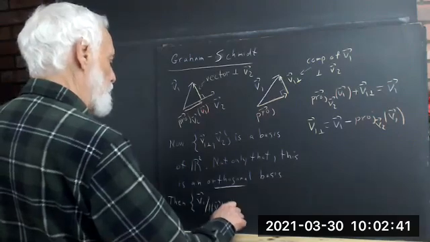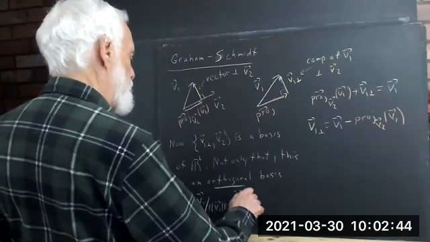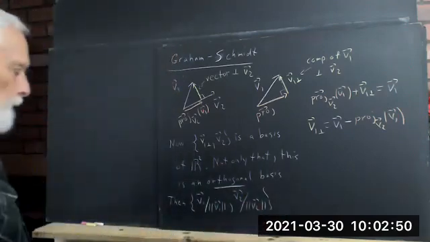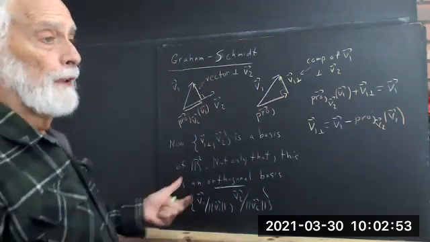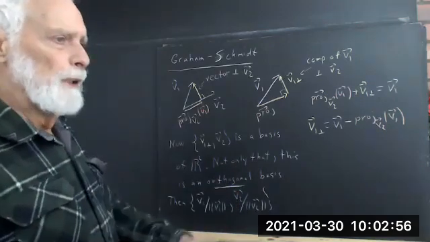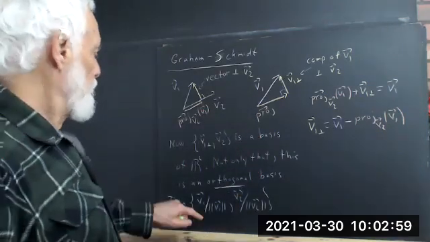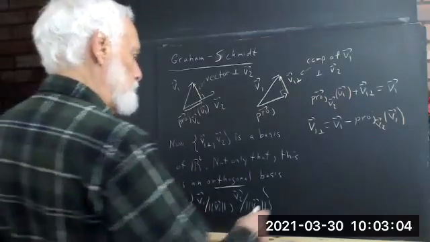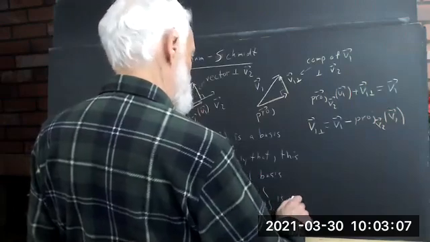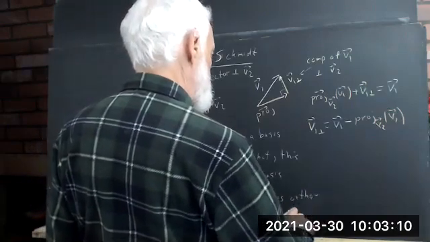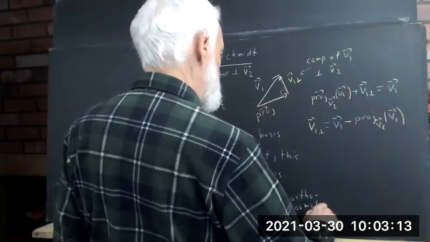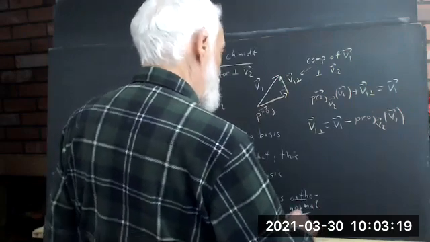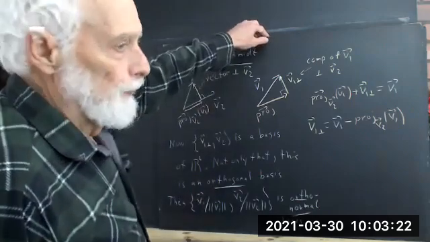If we want an orthonormal basis, we just go ahead and divide both these vectors by their magnitudes, and it's orthonormal. Orthonormal means orthogonal and unit vectors. So we have a basis of orthogonal unit vectors. So we say that's an orthonormal basis.